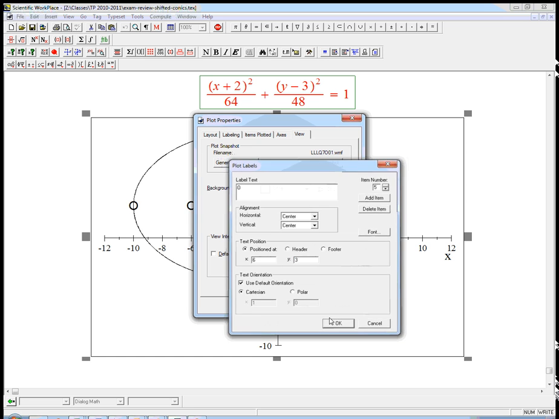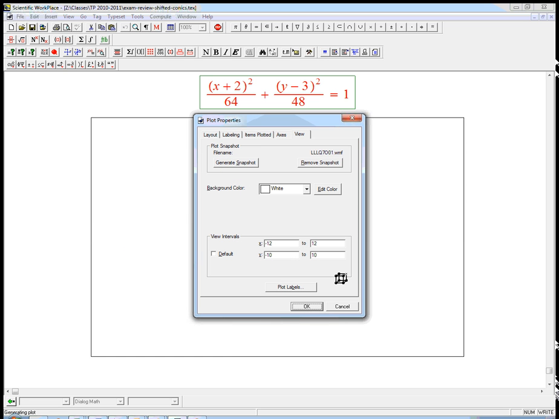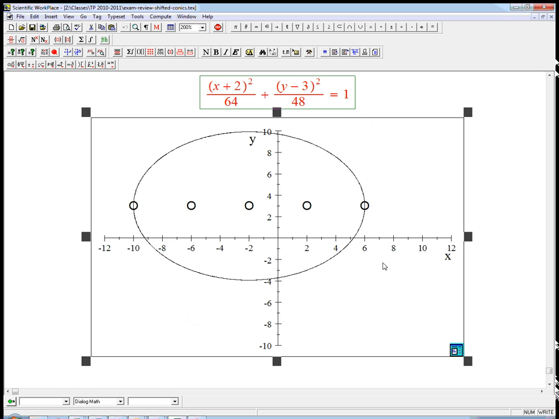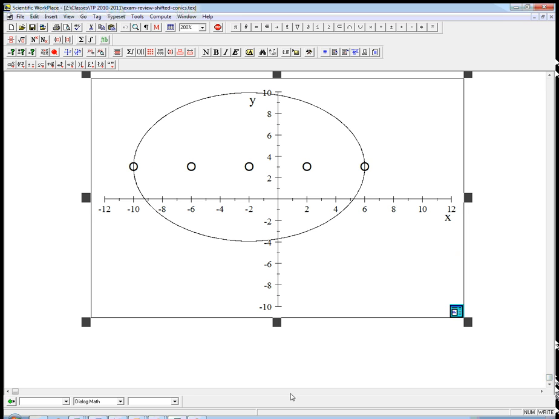And let's see if we got it. Let's see if I made any mistakes here. Looking good. There's the center. There's the two foci. There's the vertices. We could even plot the endpoints of the minor axis if we wanted to, but it's looking pretty good. Okay, that's good for this video.